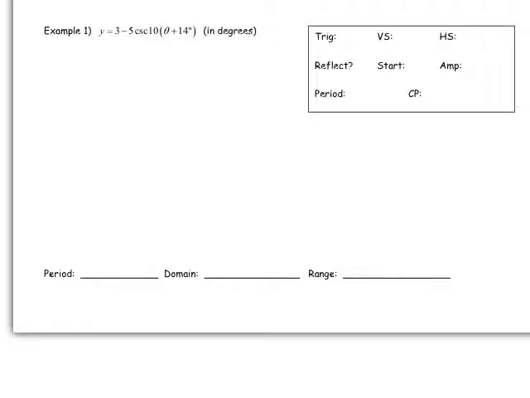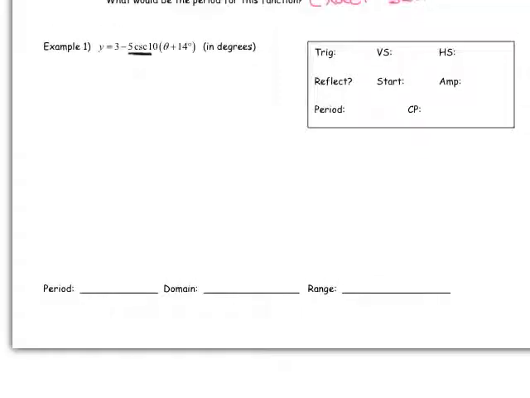So in example 1, I see cosecant theta as my trig, and cosecant is 1 over sine theta. Therefore, I'm going to be using the trig function of sine. Just pretend like this is a sine right here and do all the transformations according to that.